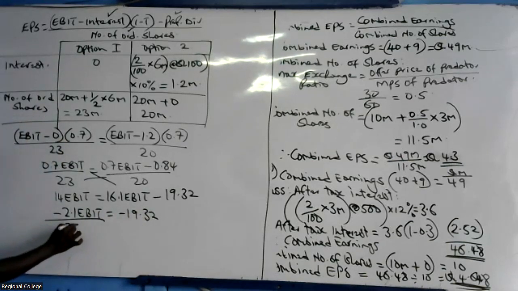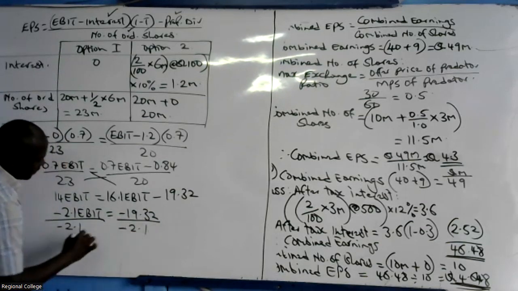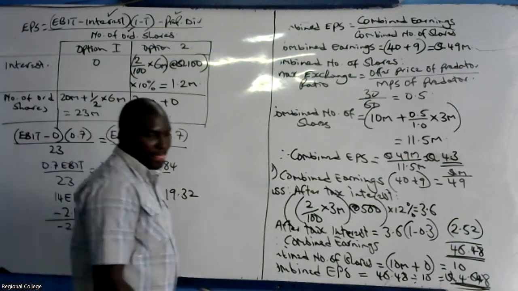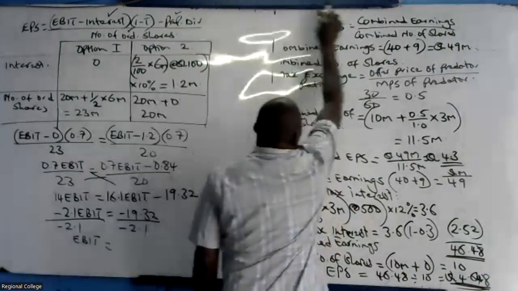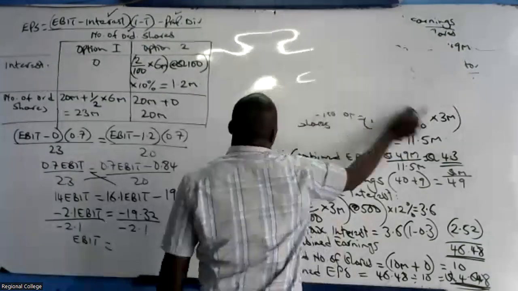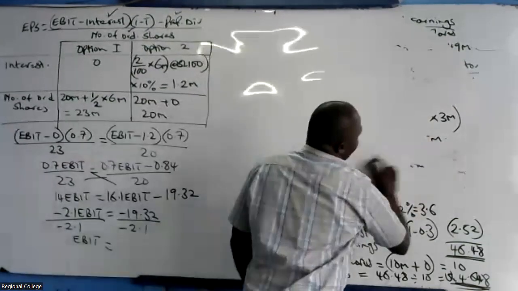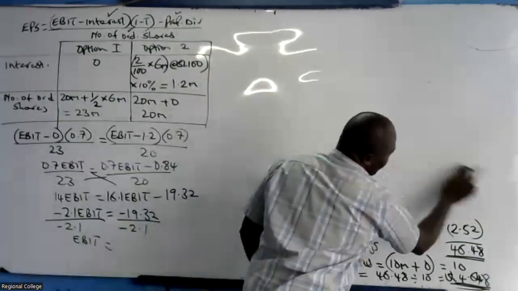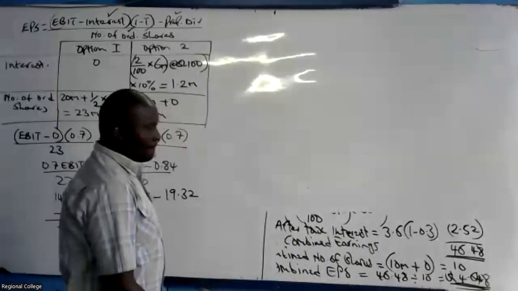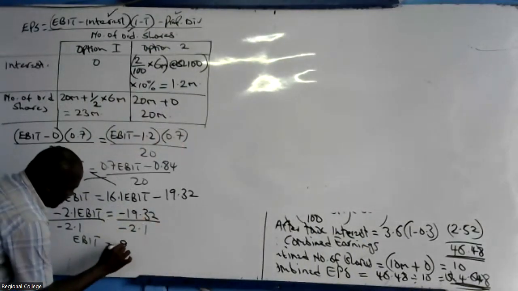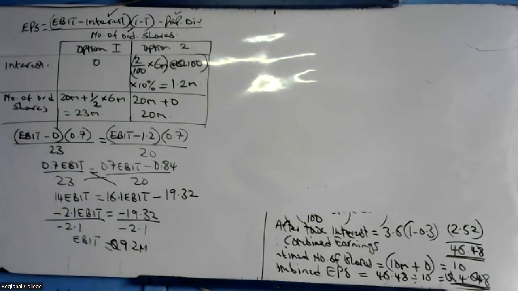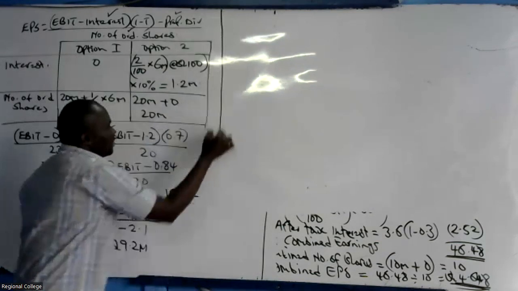So divide by negative 2.1 on both sides. So EBIT equals 9.2. So 9.2 million.